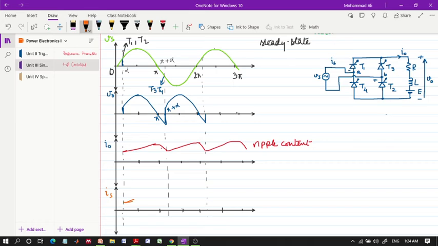It should be like this. That means it should be alpha, and this should be pi plus alpha. Then what should happen over here? The current polarity will now change on the input side.